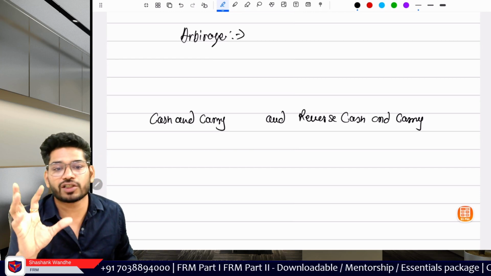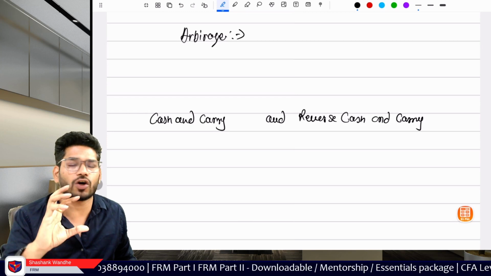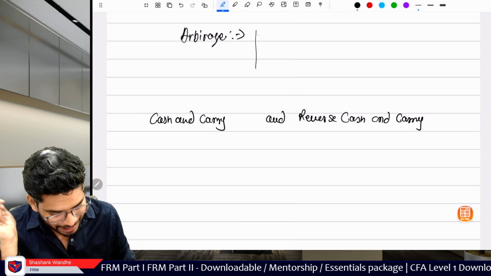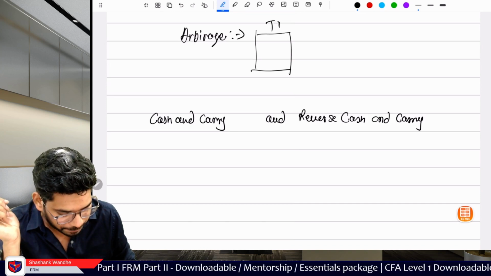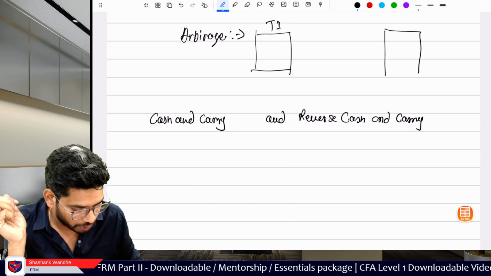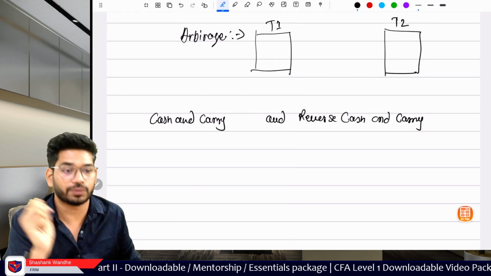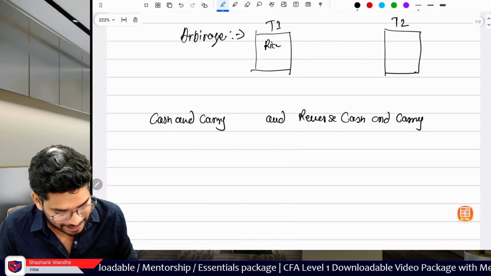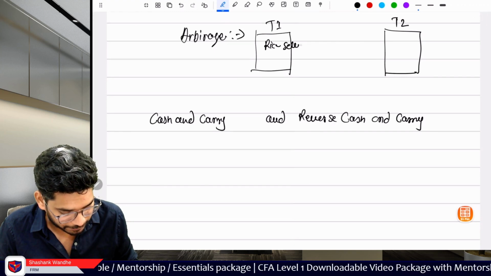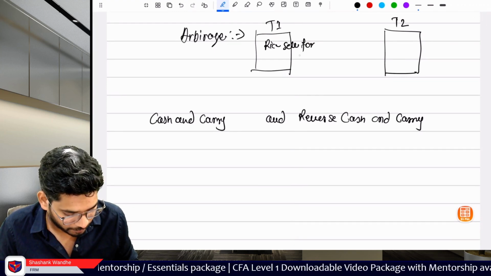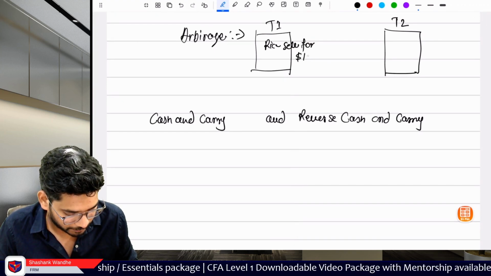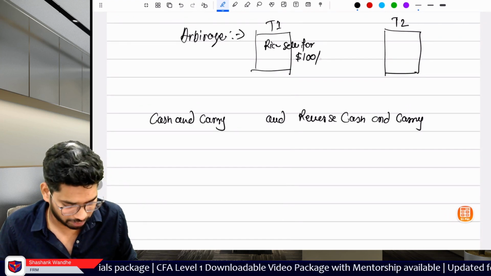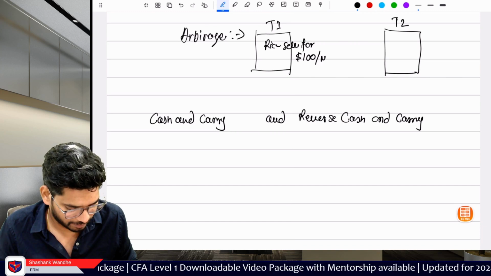To explain the arbitrage opportunity, I generally prefer using a very layman's example, which we will use here. Imagine there is a town 1 and a town 2. Now, in town 1, currently, rice is selling for, say, $100 per metric ton.